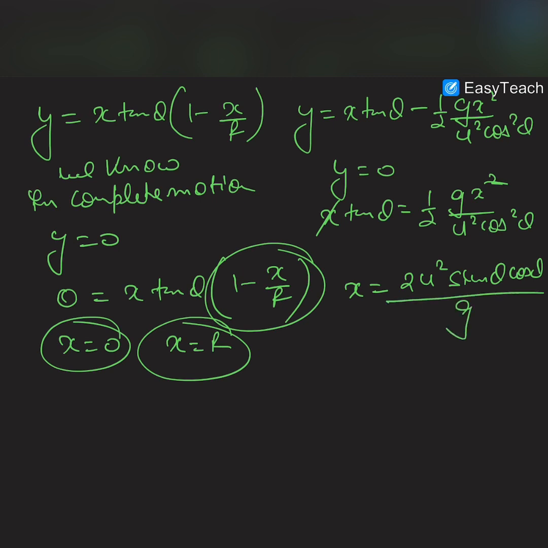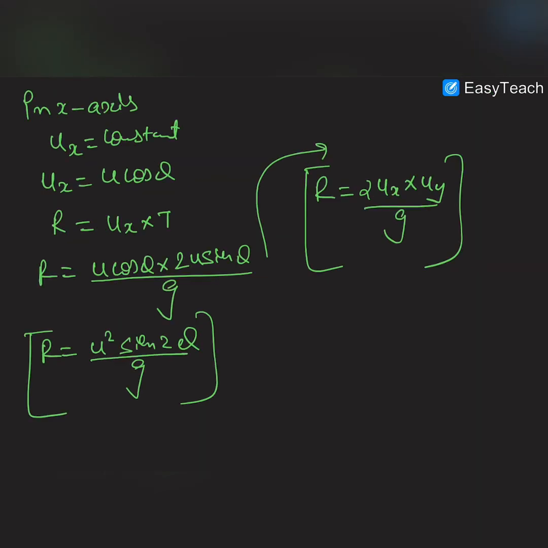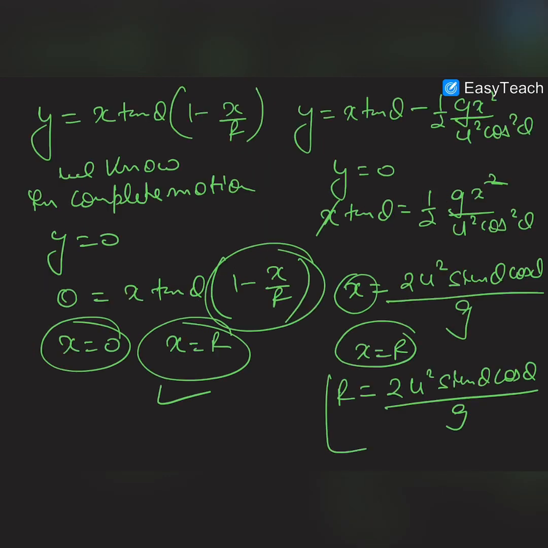We know that this x is equal to R, as we have already derived. So R is equal to 2u square sin theta cos theta divided by g, which we can also write in the other forms. So this is the formula of range by the equation of trajectory.